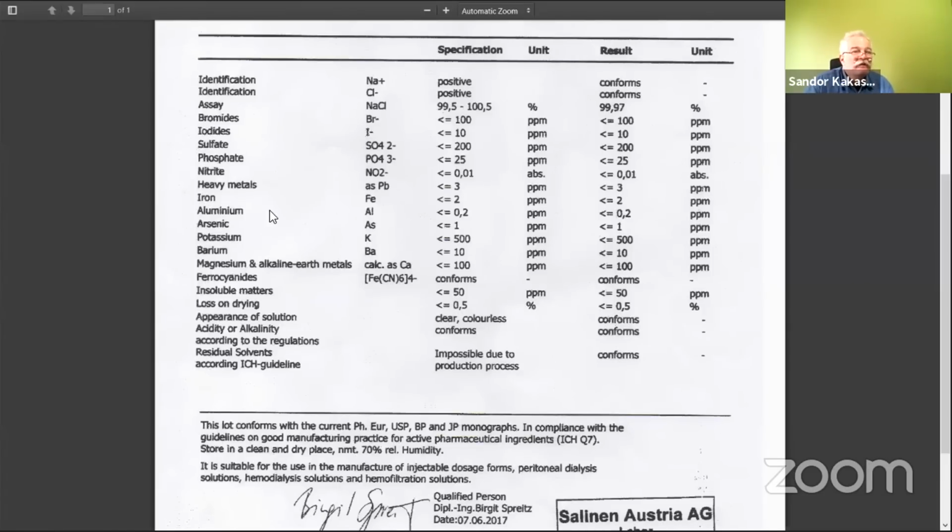Because in the salts which you buy, there are so many additives, and some salts contain high quantities of other things. For instance, in some salts in Europe, I found about 20 up to 30% quartz or glass, which is not soluble.